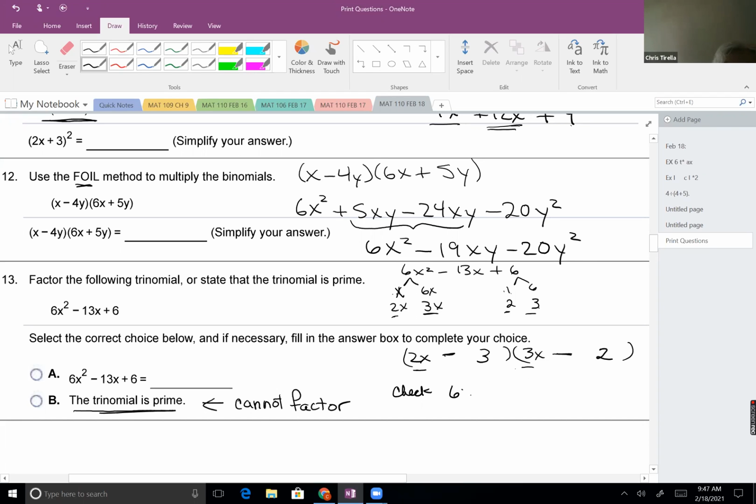First, 6x squared, outer minus 4x, inner minus 9x, last plus 6. Yep, that gives me that negative 13x in the middle. And so my answer will be 2x minus 3 times 3x minus 2. And because I could factor it, I'm not going to even think about the possibility of checking that it's prime.